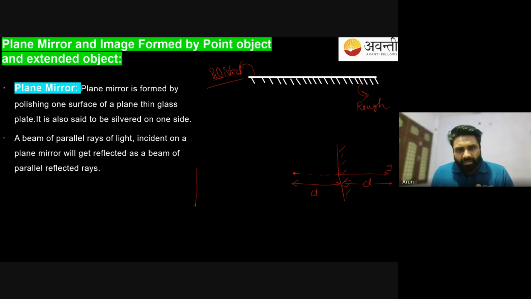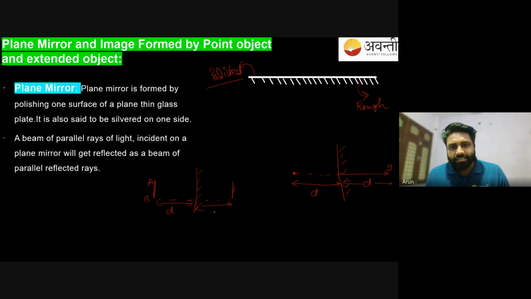Now for an extended object, like this, this is A, this is B. There are infinite points through which this extended object has been made, so we get infinite images at the same distances, and if we join them, they will form an image of this extended object, at the same distance.